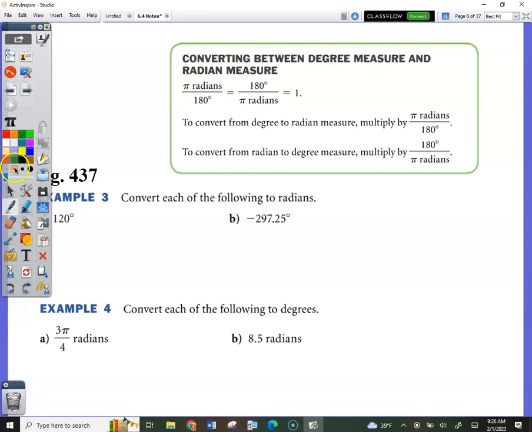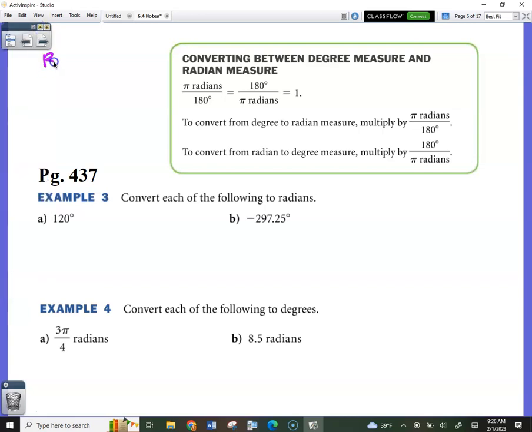So make a note right here. Recall that 360 degrees around was 2 pi. Instead of writing the word radians, I'm now going to just write RAD. So if 360 was 2 pi, then half of that is just pi.